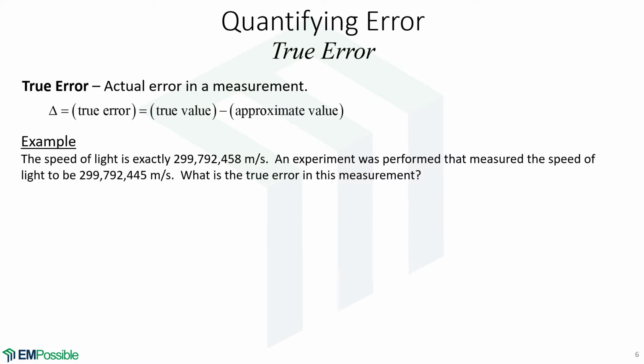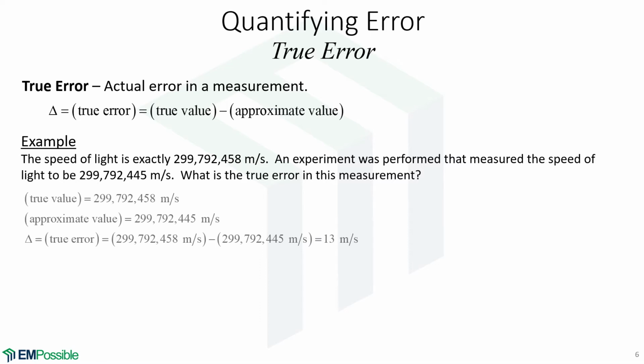So the speed of light for us actually is exactly 299,792,458 meters per second. Well, let's say we set up an experiment that measures the speed of light, and what we measured was 299,792,445 meters per second. The question is, what is the true error of this measurement?